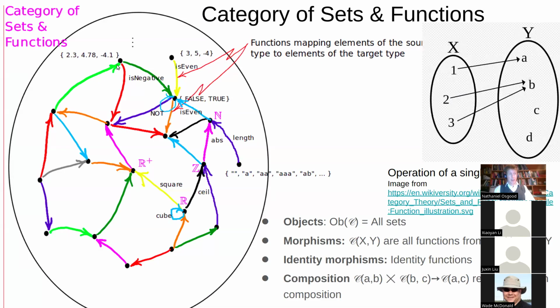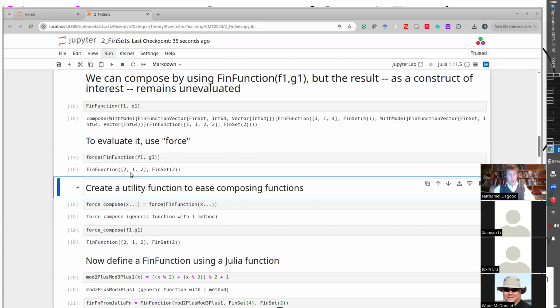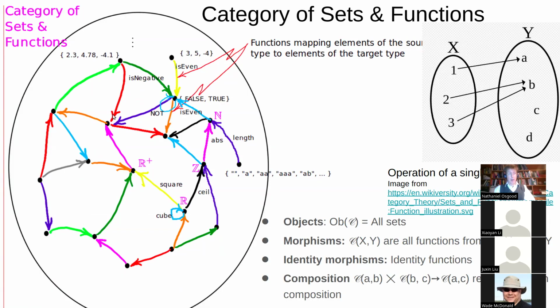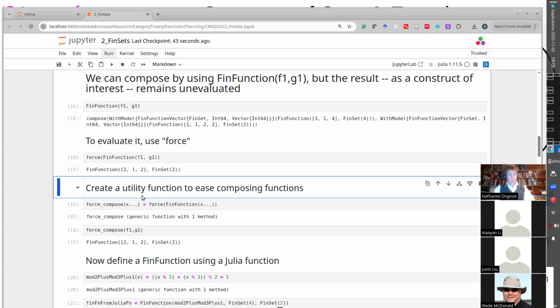This one from FinSet 3 to FinSet 4 was F1. G1 went from FinSet 4 to FinSet 2. We're composing them, and we get a composition arrow here, which goes from FinSet 3, the source of the first, to FinSet 2, the target of the second, right? There we go. And if you do the bookkeeping, it's going to go to 2, 1, 2, right?